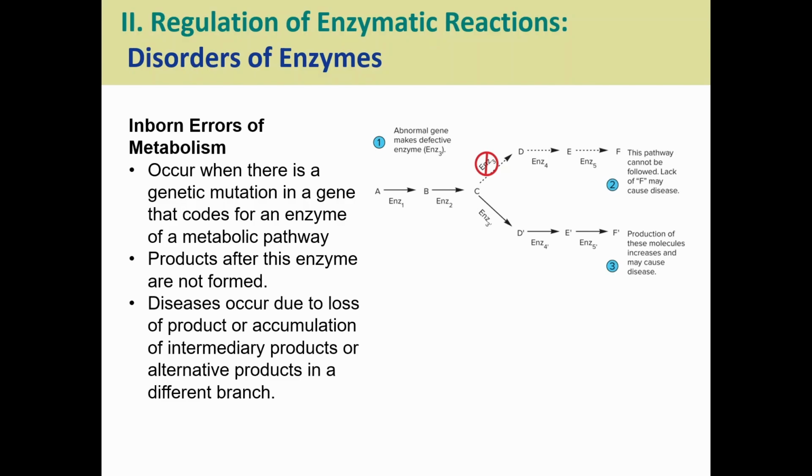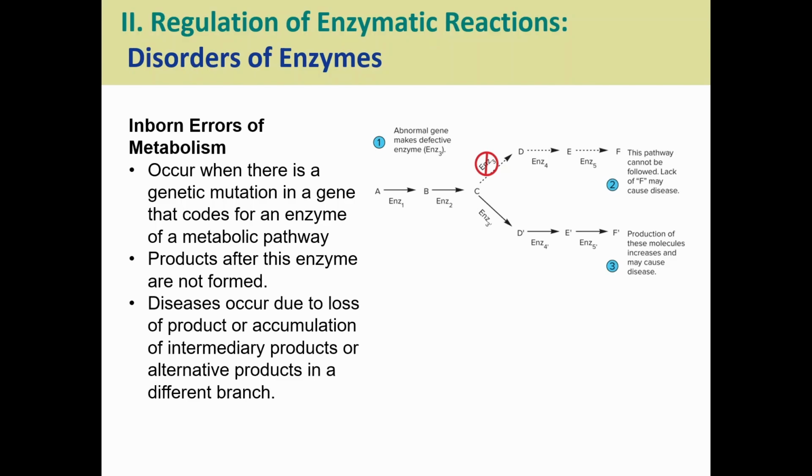And because the enzyme is defective, we don't get the products that the enzyme makes, because the enzyme can't work. The machinery is non-functional, and so there's nothing we can do to go from reactant to product in that particular pathway. There's a lot of different diseases that can occur because of loss of a product or accumulation of something.